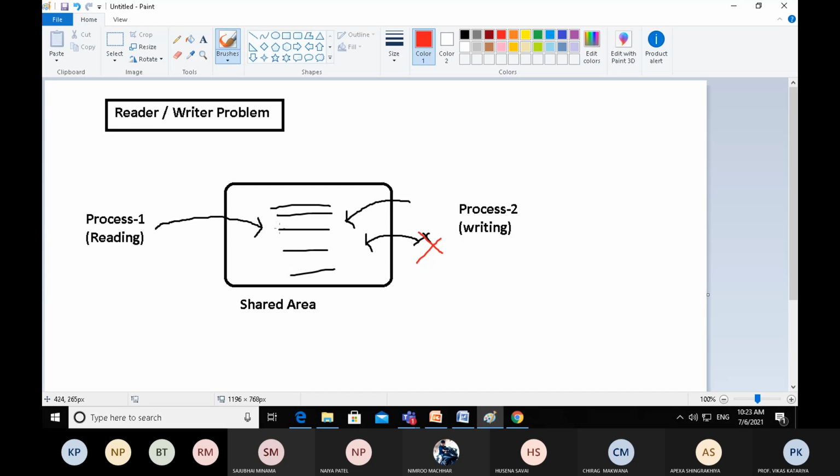So this is the theme of the reader writer problem. It is one kind of philosopher problem, having a shared area and a number of processes accessing it. How it is to be implemented, we will discuss in the next session.